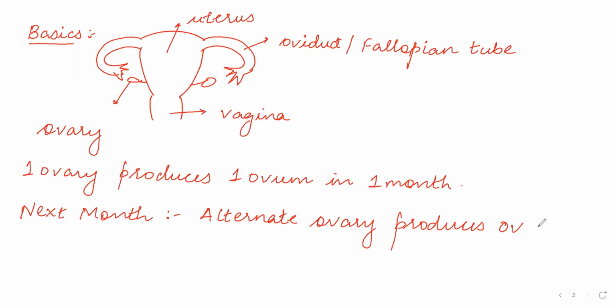So ovum is also called egg cell, which is the female reproductive cell. Let's say this month, this ovary produces an ovum here. Then in the next month, this ovary will produce an ovum and release it into the fallopian tube. So this happens alternately.